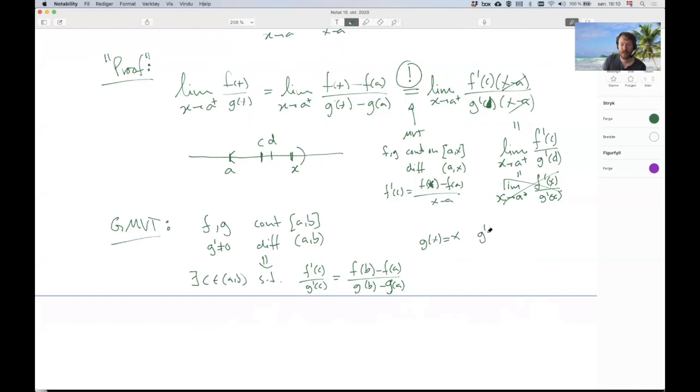Well, then g prime of x is 1. So this left-hand side here is just f prime of c. And what is the right-hand side here? Well, it's f of b minus f of a, and then just b minus a. So in a sense, when you look at the proof for the mean value theorem, it's already a proof for the generalized mean value theorem, but for this special choice. So you need to smuggle in the more general choice. But I leave that as a challenge.